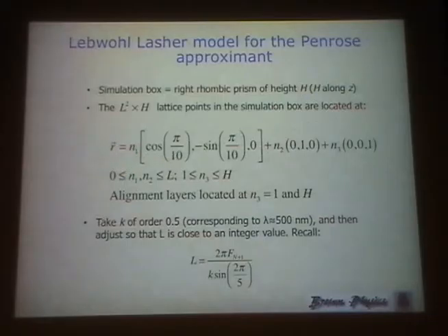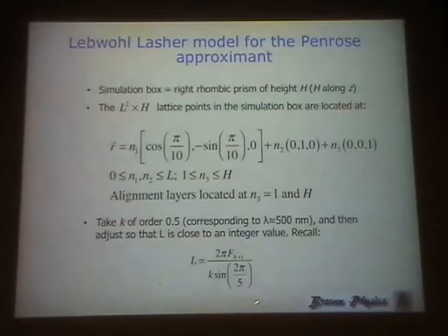Then you can write down your rhombic prism lattice, putting your U vectors at sites like this, with the alignment layers at 1 and h. Kind of with experimental motivation, in roundish numbers, we take 500 nanometers for lambda, and k is of order a half.